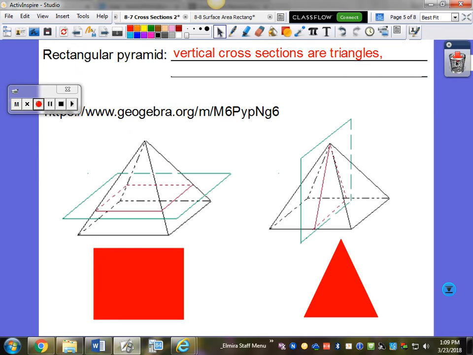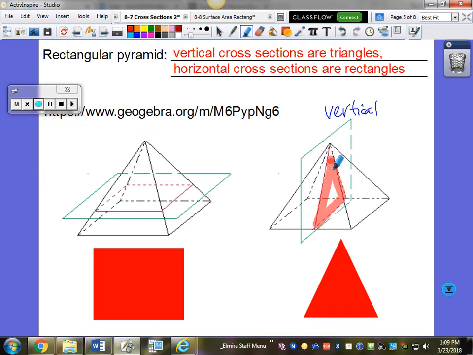Rectangular pyramid. A vertical cross section is a triangle, so over here this would be the vertical. And here's the cross section if I color it in. Then you kind of just have to imagine that you turn it so that you can see it full on instead of at an angle, and it would look like that triangle.